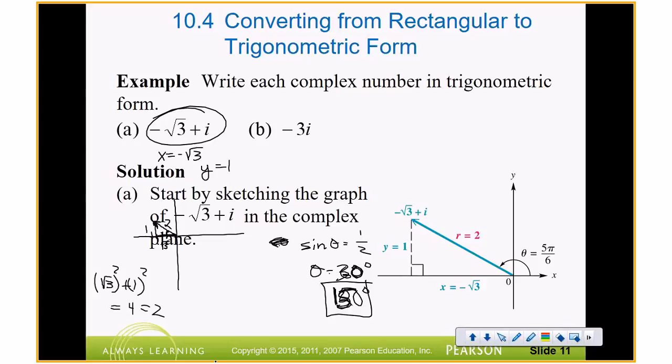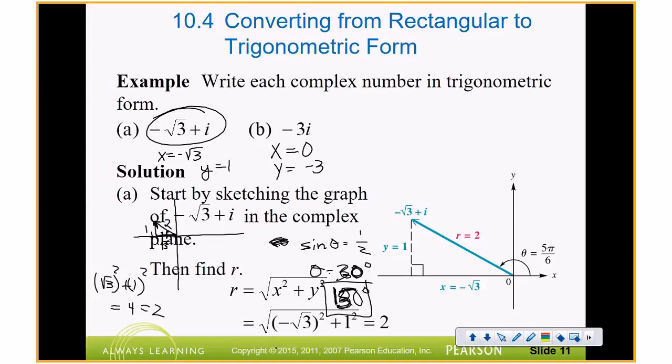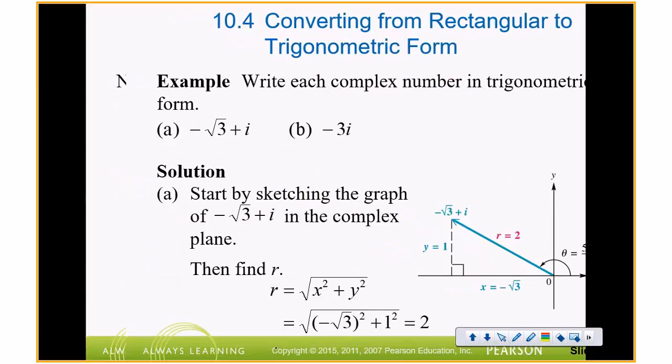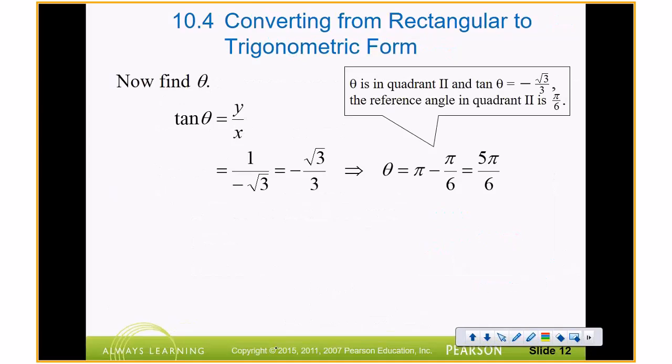Now, what about that one that's got negative 3? What's x? X is equal to 0. Y is equal to what? Negative 3. So that's that one. We already found R. R is equal to 2. We already did that. And there it is, quadrant 2.